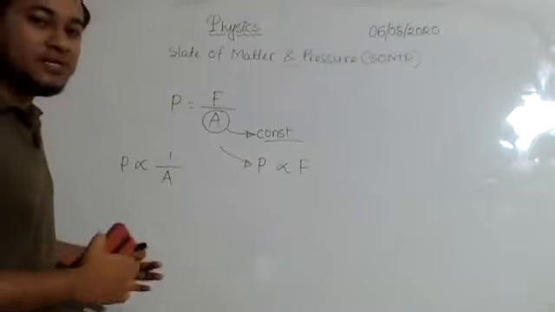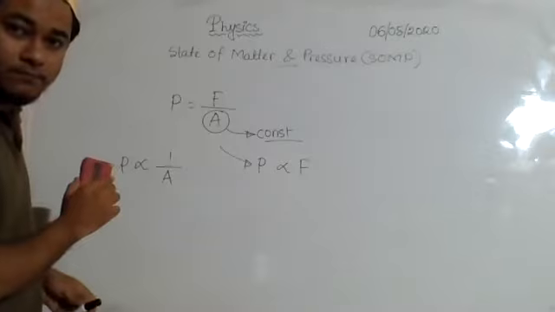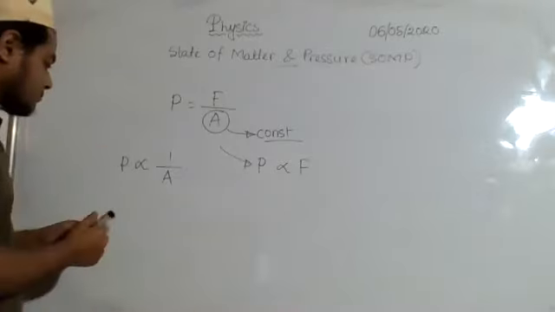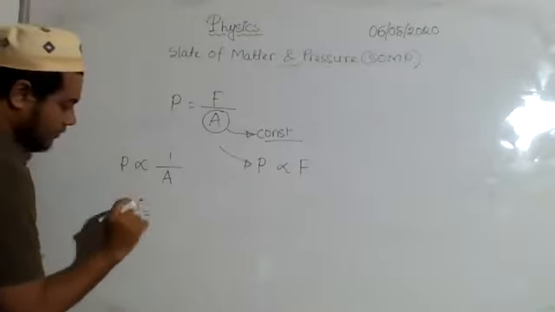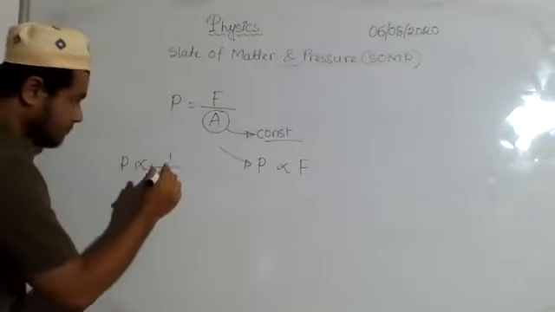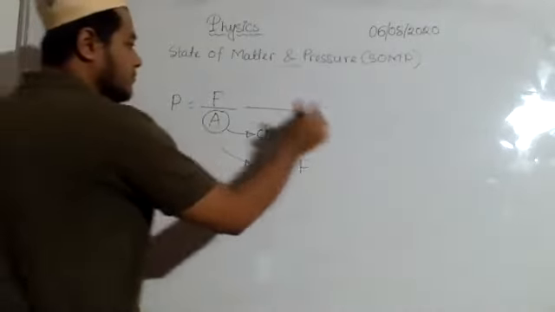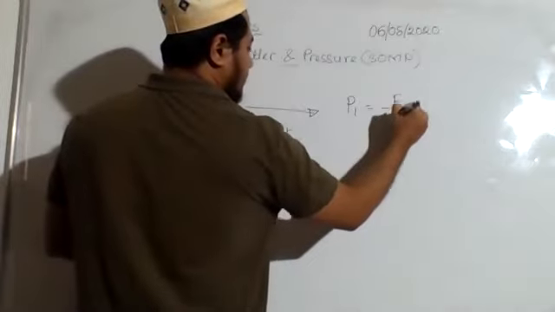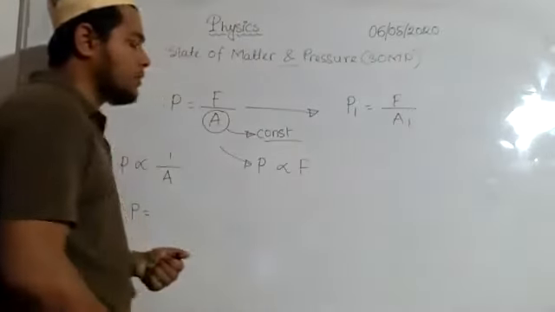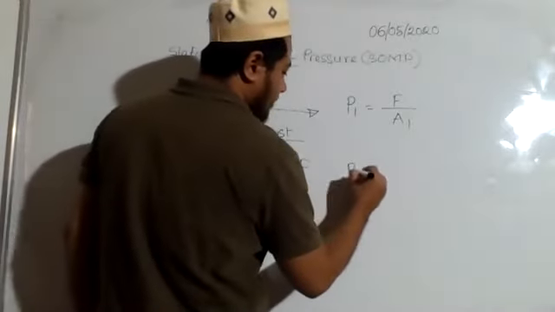Can you explain again? Yeah, okay, no problem. From this equation I can explain. P1 is equal to F by A1. For area A1, the pressure is P1. I can write another equation.